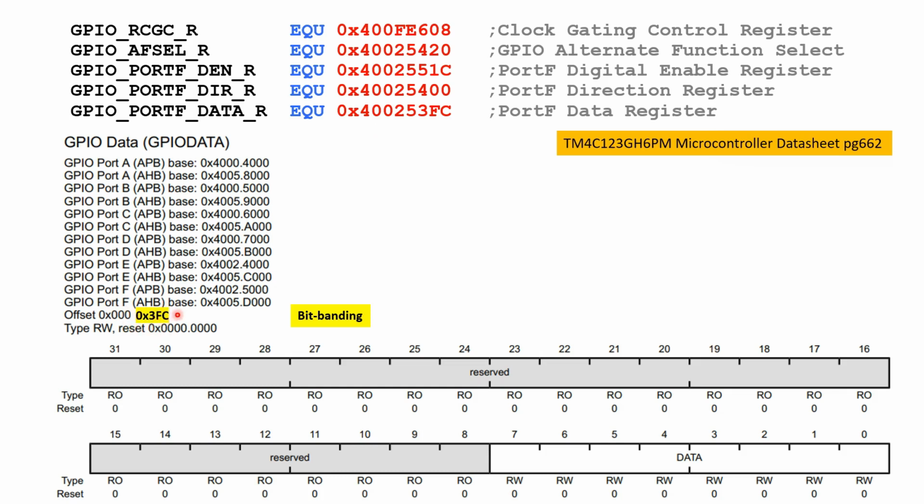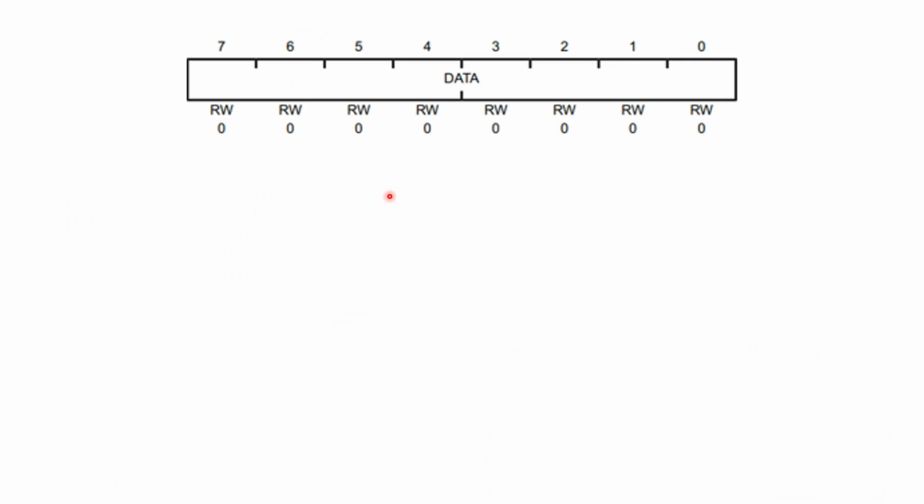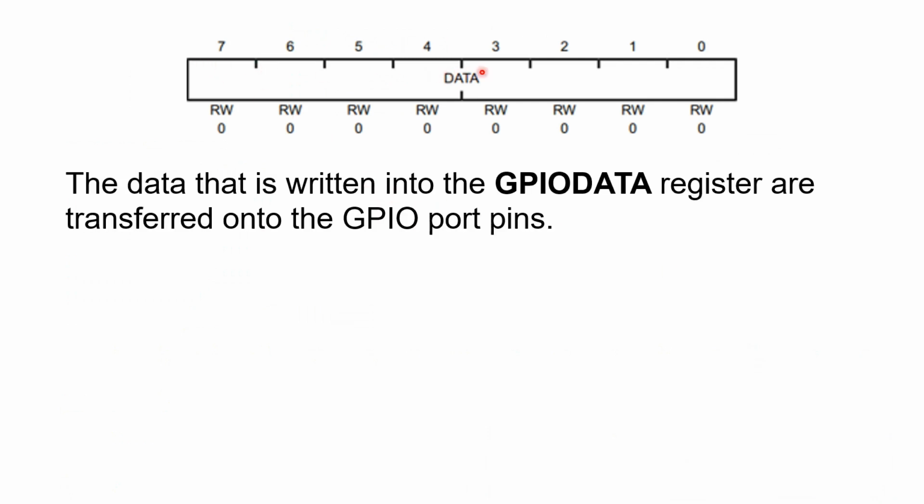The 3FC hexa comes from something called bit banding. In bit banding, each bit of the register has a unique address. Now, I will not be going into the details of this in this video. But let's zoom in on these bits here. The data that is written onto this register would then be transferred onto the physical pins of the GPIO.